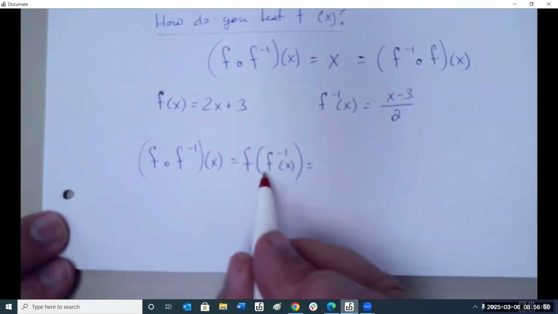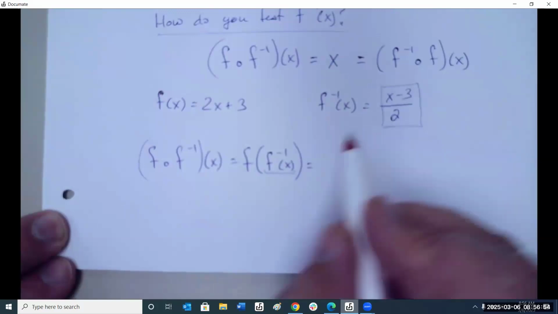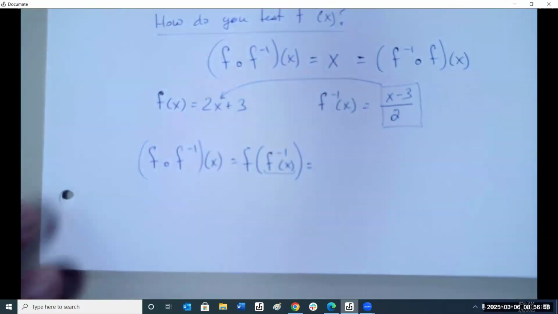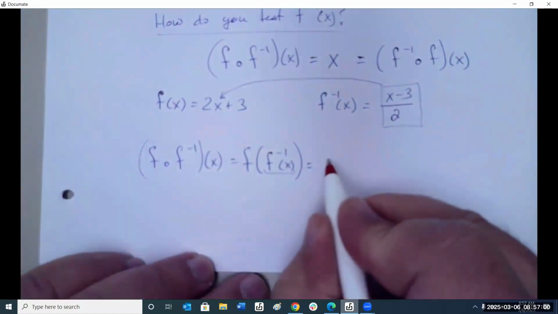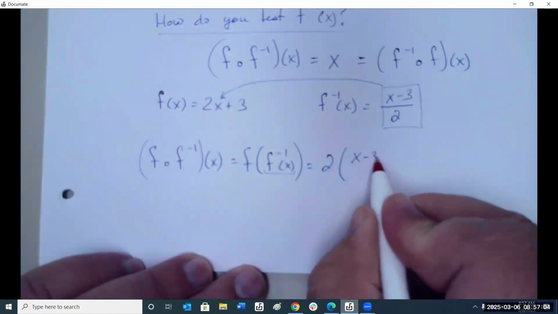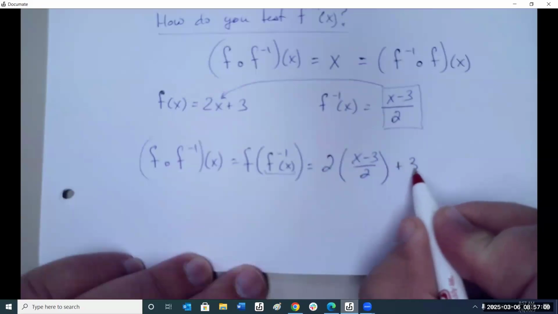What that means is we take this function and put it in place of x in the first equation. So we have 2 times x minus 3 over 2 plus 3.